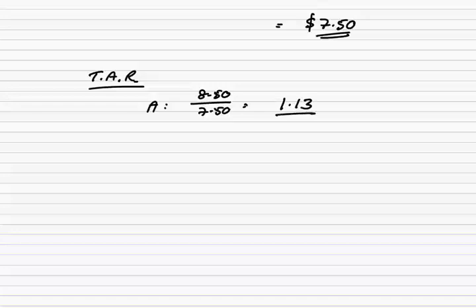There's no units to it, it's just a ratio, 1.13. And similarly, B. I won't wind back, you can check yourself, but I think for B, the return per factory hour was $8. Again, the cost per factory hour is $7.50. And so 8 divided by 7.5 is 1.07.